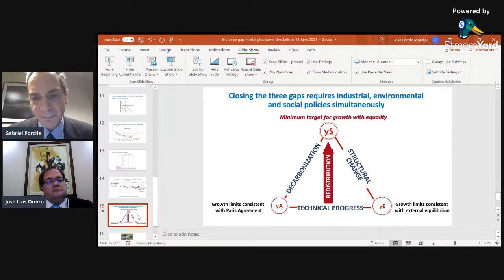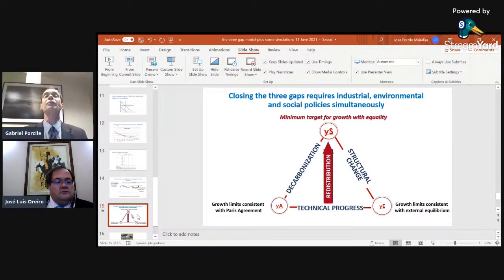Just to conclude, we need a very strong policy of income distribution. We need to build what we never had, which is the welfare state in our country: universal social protection, education, health. All these are crucial, and we need to tax the elite and have a more progressive tax system.